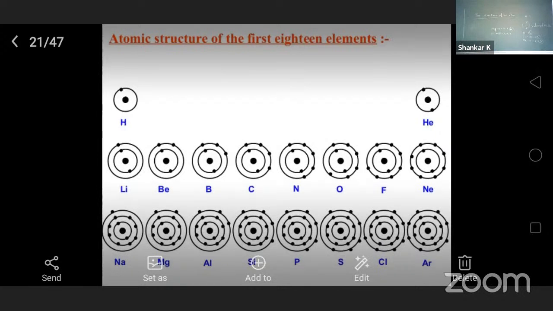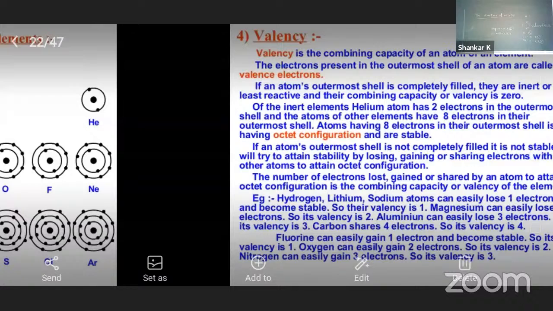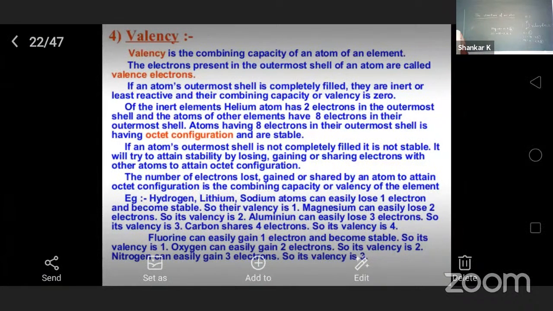Phosphorus, right? Phosphorus has 5 outermost electrons. So if the number is equal to or greater than 5, we subtract it from 8. 8 minus 5 becomes 3. So the valency of phosphorus is 3.